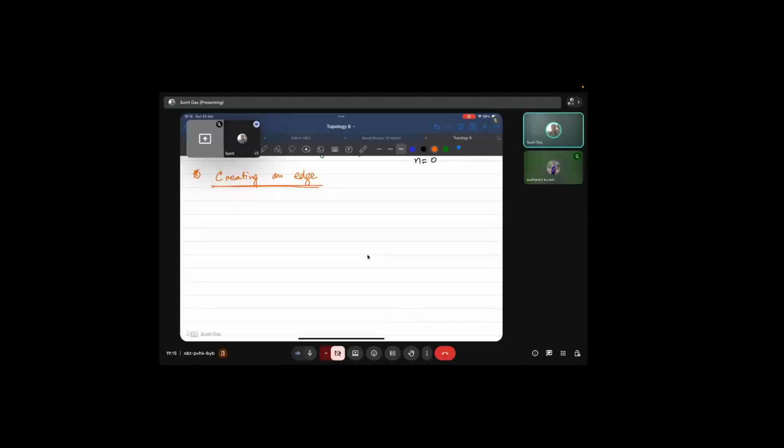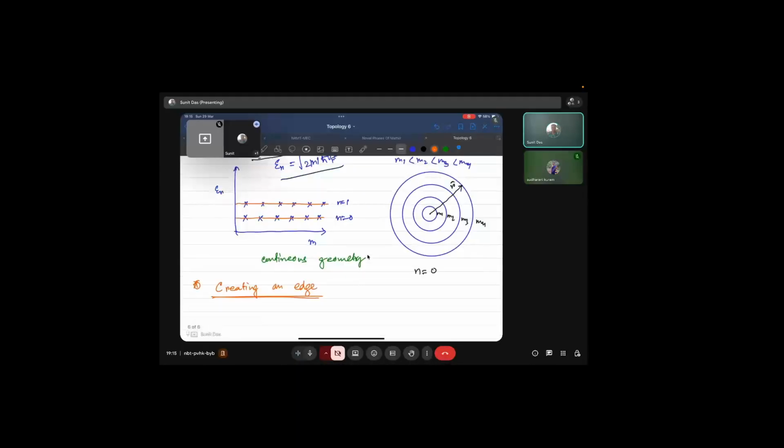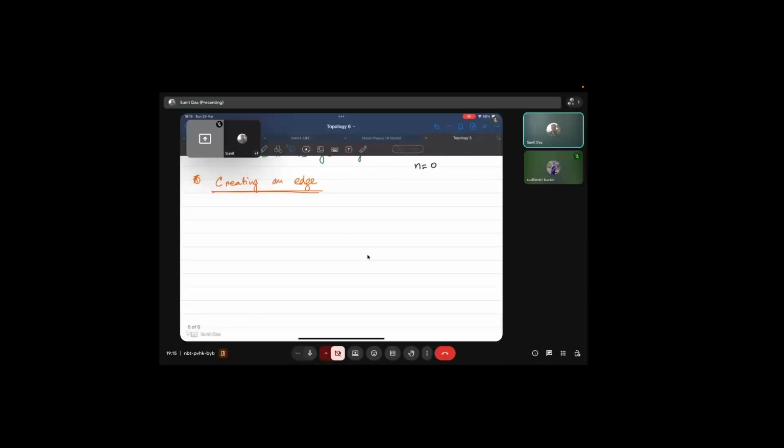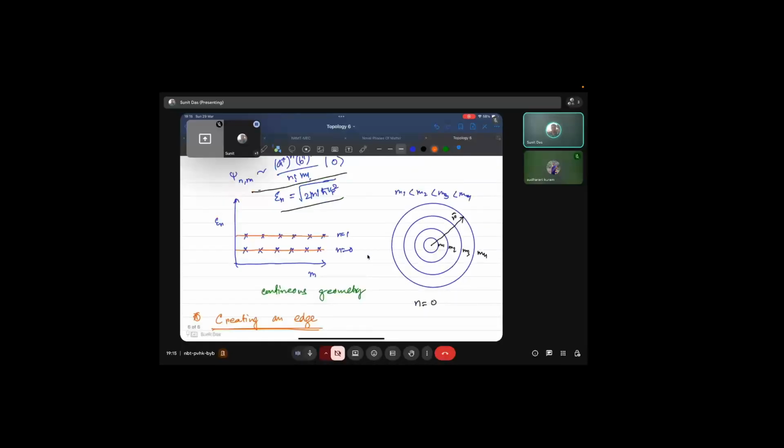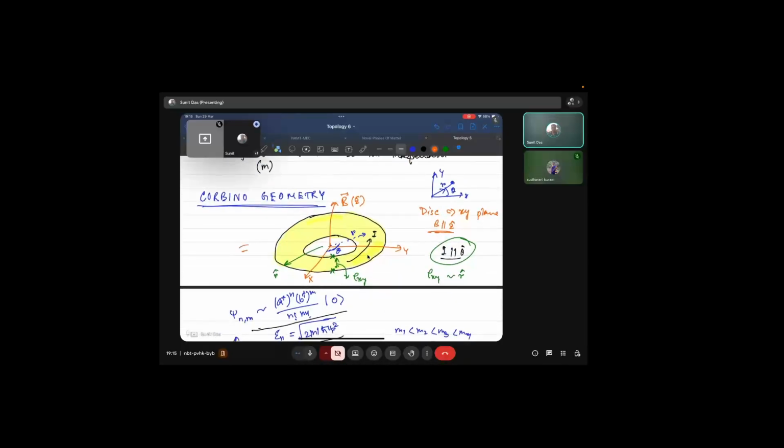What we have is that I can just copy this. Okay. So creating an edge essentially means, at least for this Corbino geometry, this is what we are trying to understand.